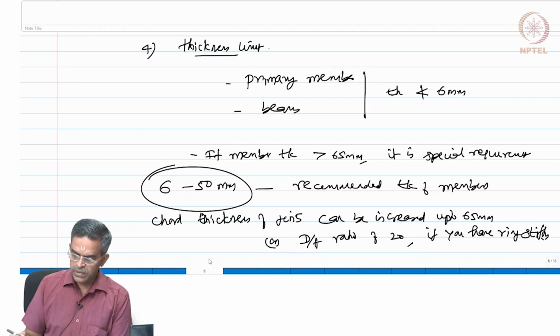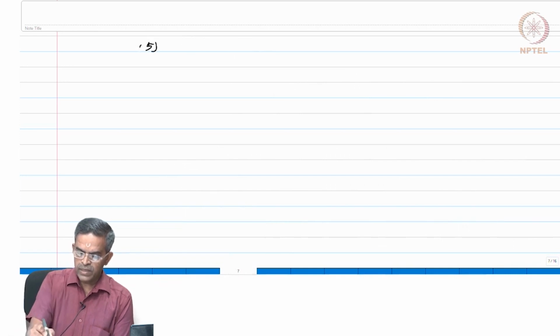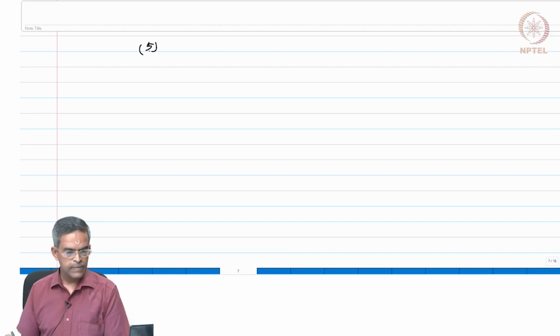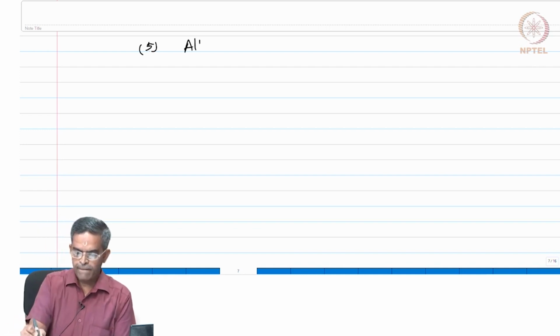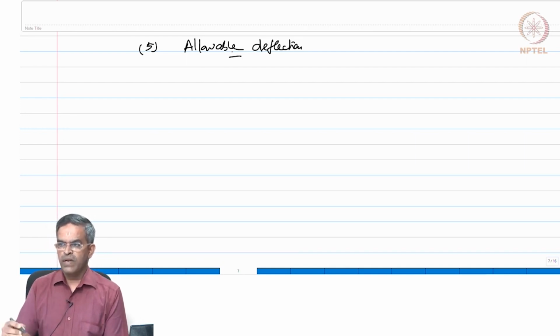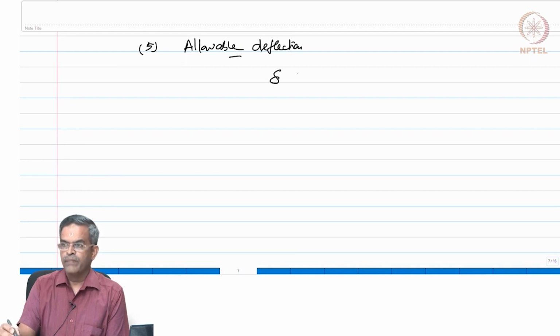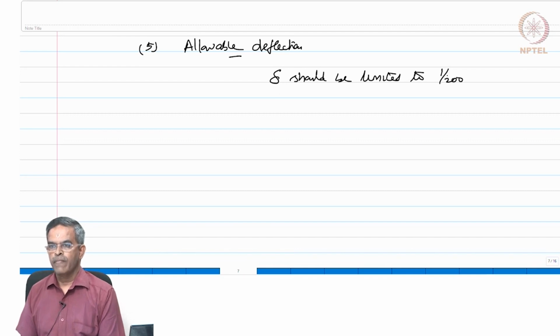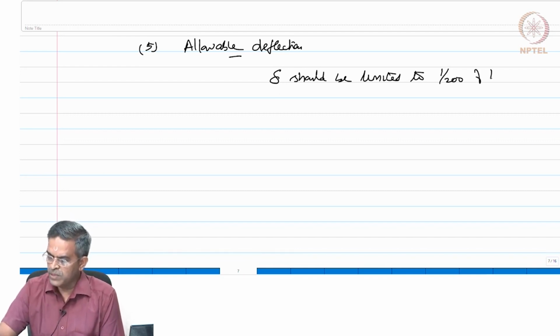The next condition comes as allowable deflection. Is one of the important serviceability criteria. The deflection should be limited to 1/200 or, to be very specific, of the span.